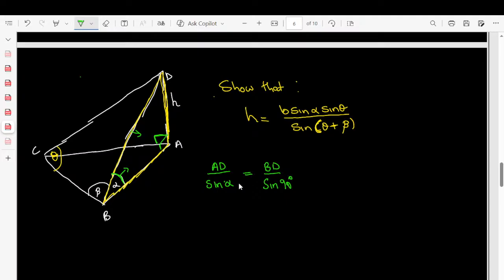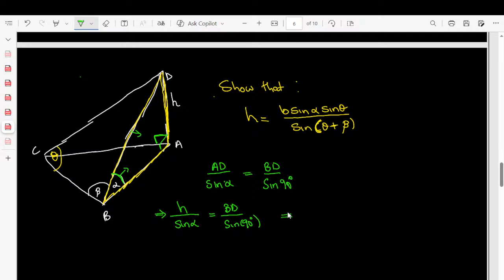So far so good. We can just substitute and say on top we have AD as H over the sine of alpha. It's equal to BD. I'm just going to leave it as BD over the sine 90. Okay, so let's make H the subject of the formula.